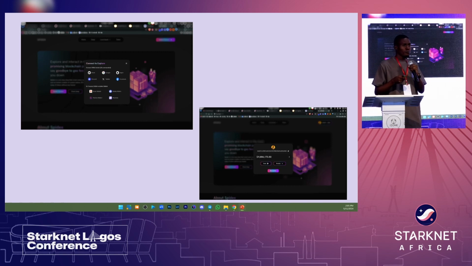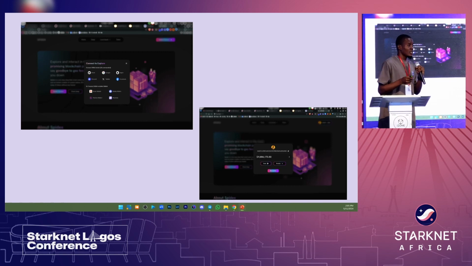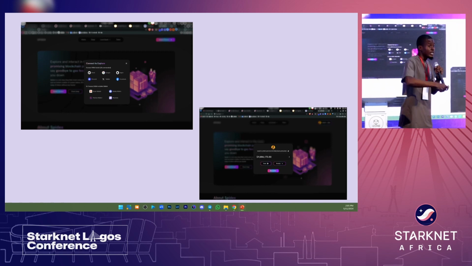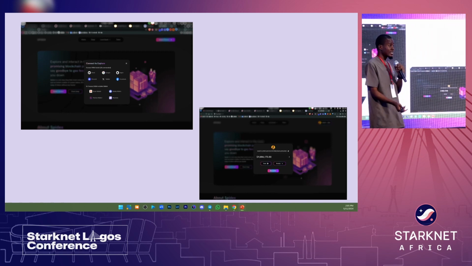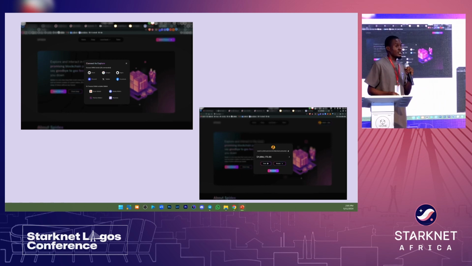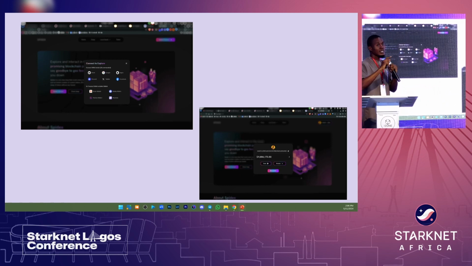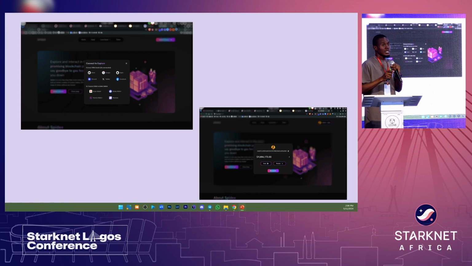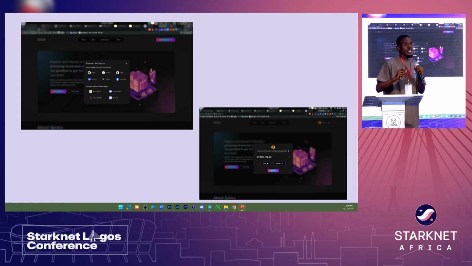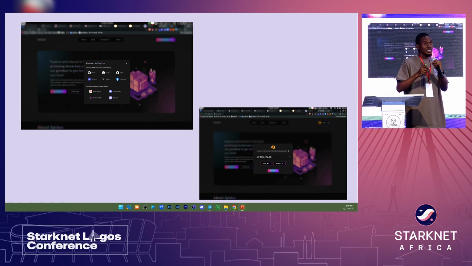All those processes are not user friendly. Most of the time, you see a lot of people going away from Web3 because of this issue. And one thing Starknet is boastful about is account abstraction.